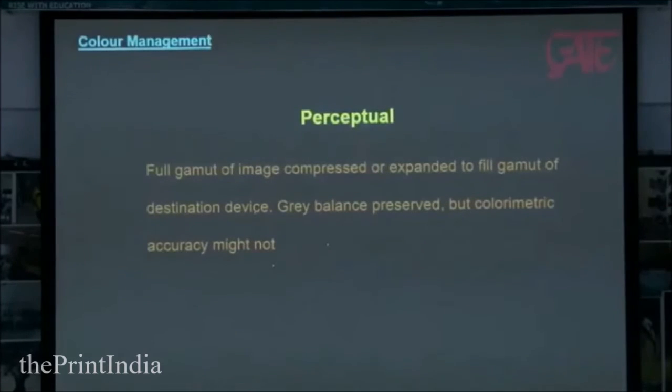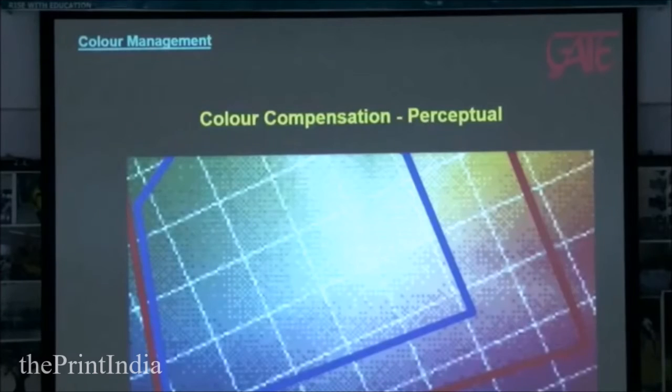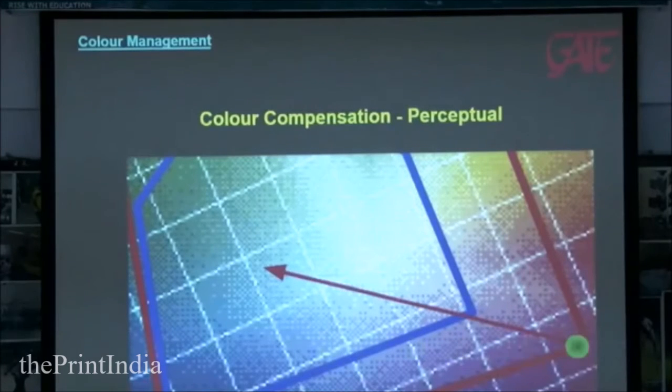So tones are compressed within that limit. So this is what happens. This is your tones in the original. In printing, this is your limit. You cannot print beyond this. This is your limit of printing.